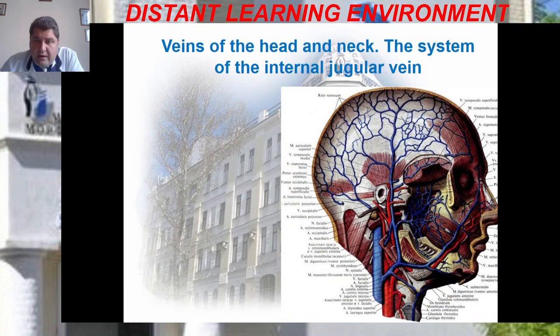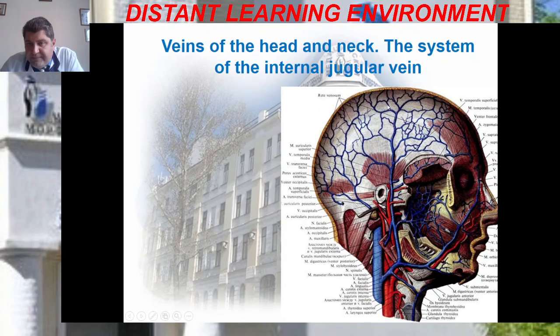Next we can see the superficial parts of the internal jugular branches. You may see the facial vein.